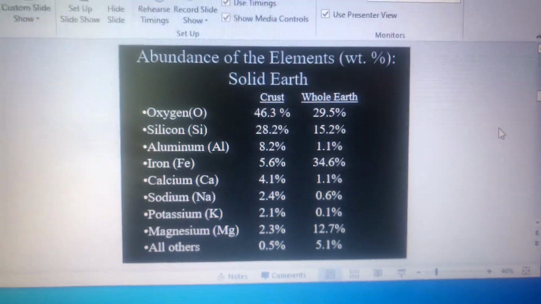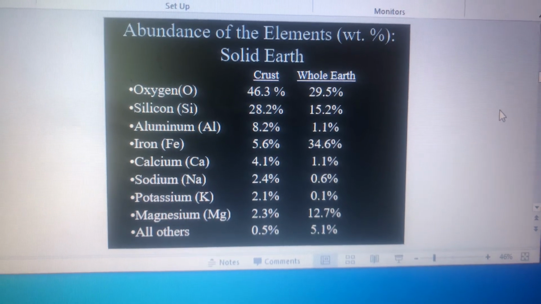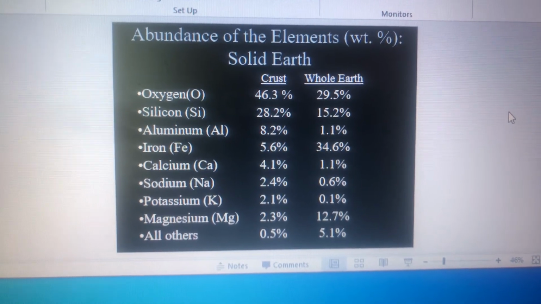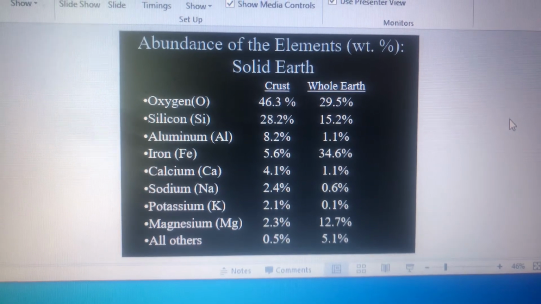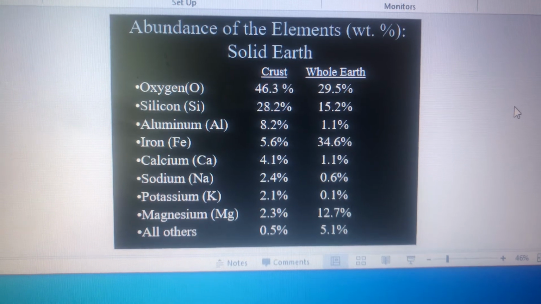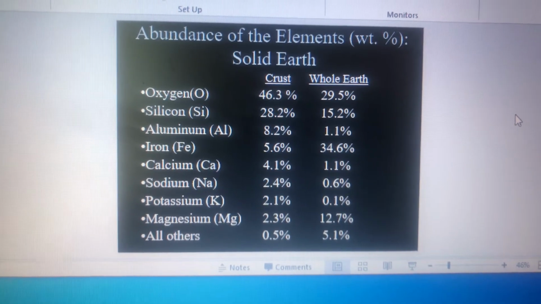And this is a really good look at the percentage of what kind of elements are in our solid Earth. Abundance means the amount of, how many. The abundance of elements, and this is by weight, a percentage by weight in solid Earth.